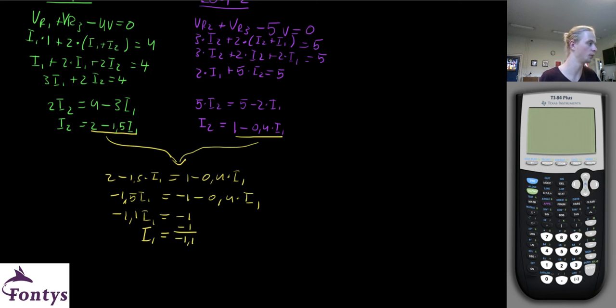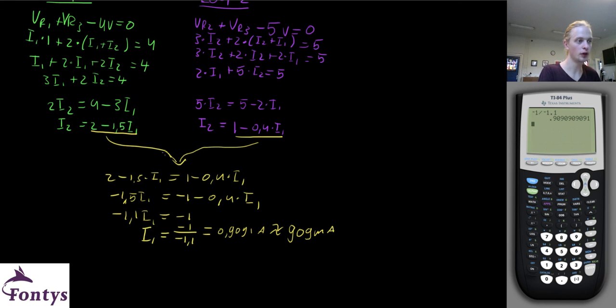I don't know that by heart, so I pick up my calculator and I get minus 1 divided by minus 1.1, which is 0.9091 amps, or 909 milliamps. So that's how you solve this algebraically.